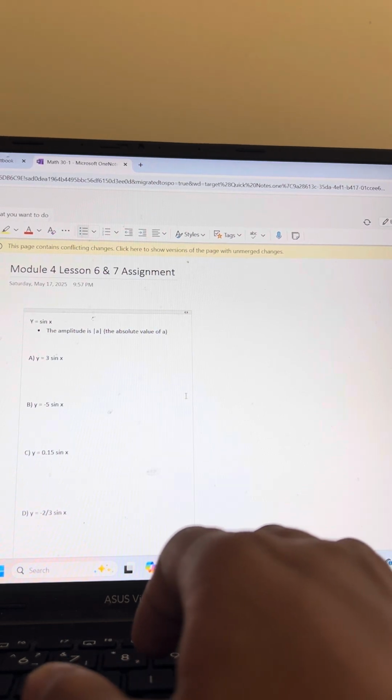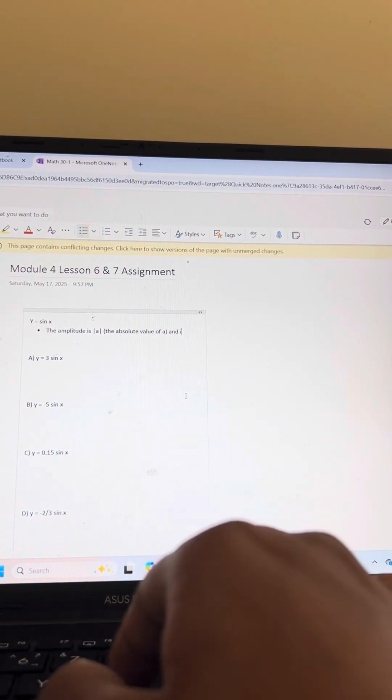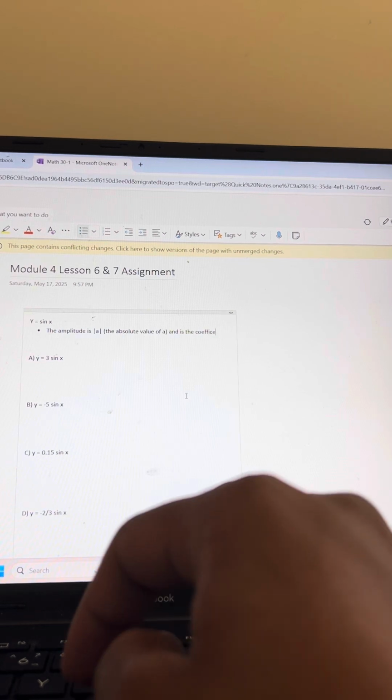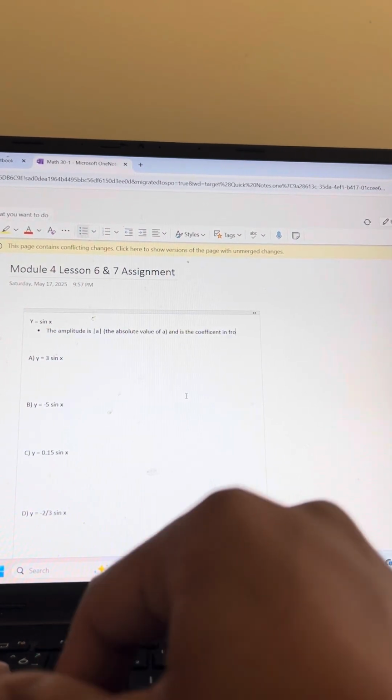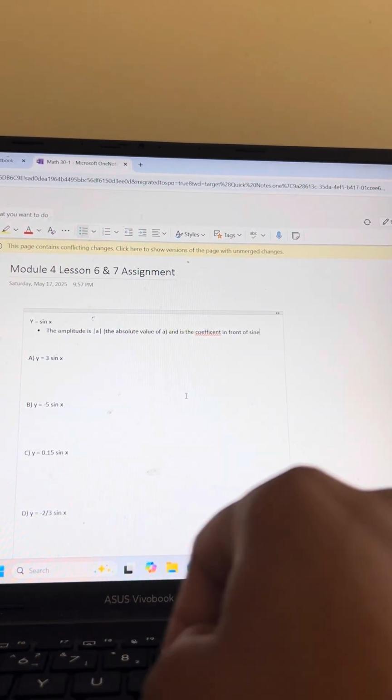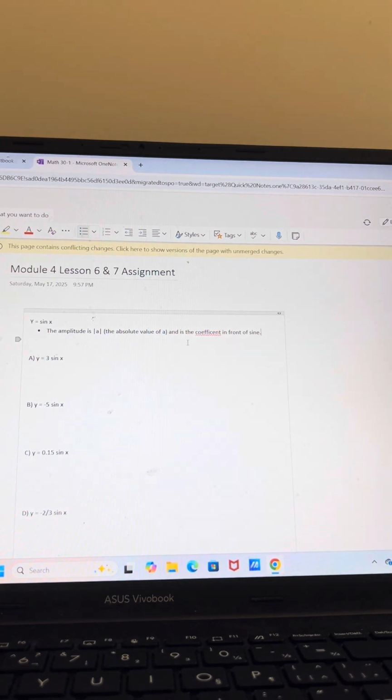And A is the coefficient in front of sine. Right here, so A is going to be right here.